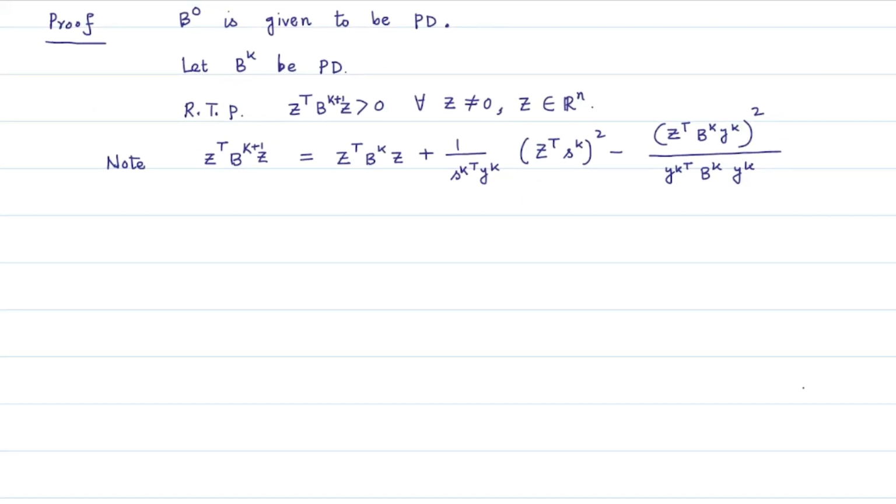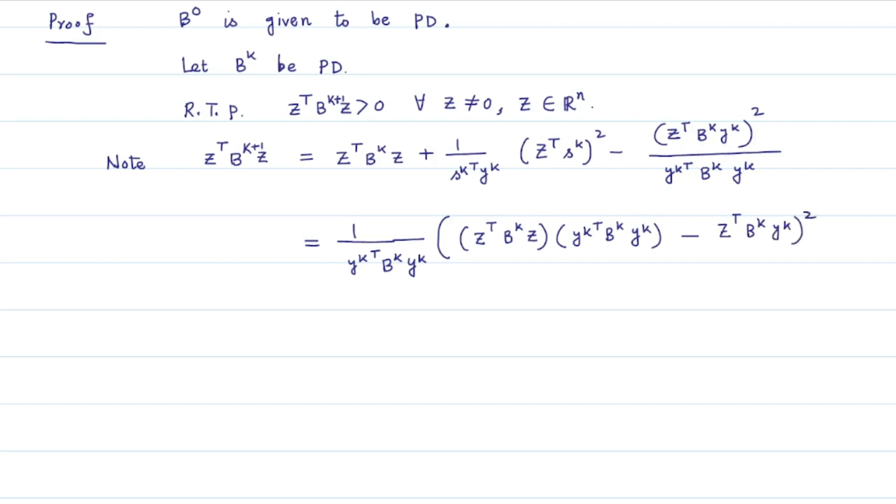So this is equal to 1 over yk transpose Bk yk into the bracket (z transpose Bk z times yk transpose Bk yk minus the square of z transpose Bk yk), plus the rest of the expression, 1 over sk transpose yk times (z transpose sk) squared.